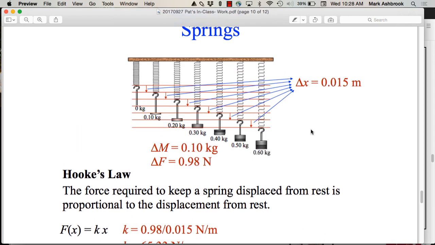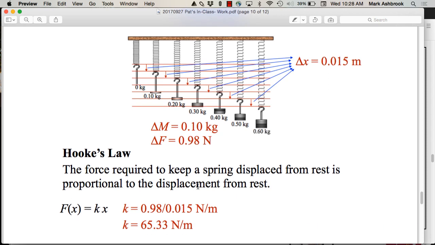If you know, say, for a change of 0.015 meters, the force changes by 0.98 newtons, that means you could compute the constant for this spring.